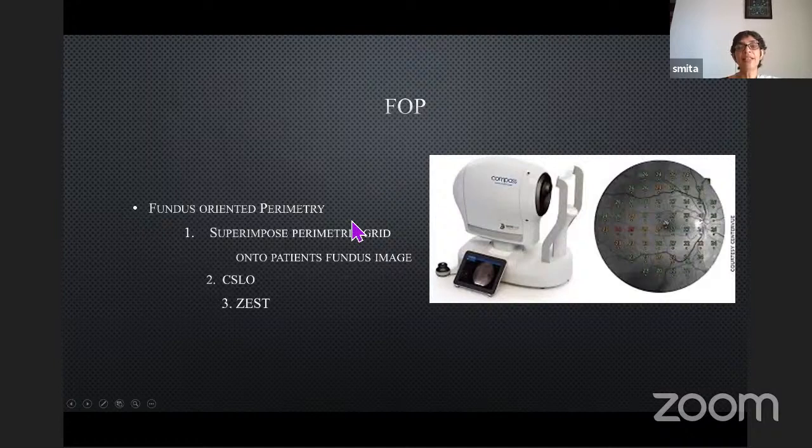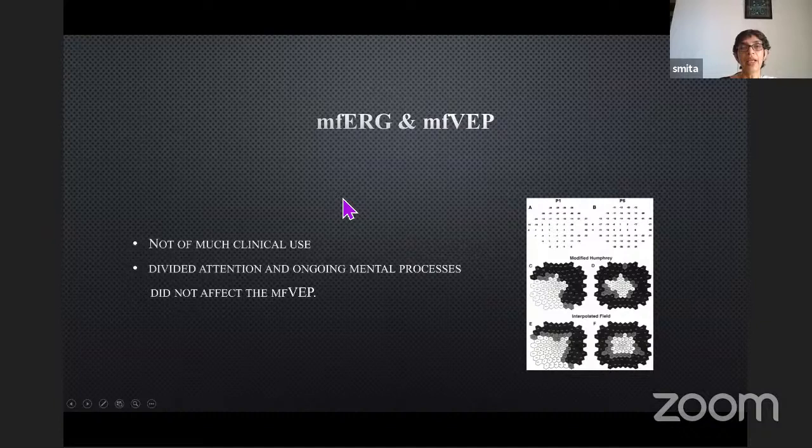Another test is the fundus-oriented perimetry, where a personalized perimetric grid is superimposed on the fundus image of the patient. This is available as Compass in the US. It gives you a good structure-function correlation, but is not available in India. Multifocal ERG and multifocal VEP are useful for those people who have a divided attention span, because you are recording the patient's electrical response when a stimulus is presented.